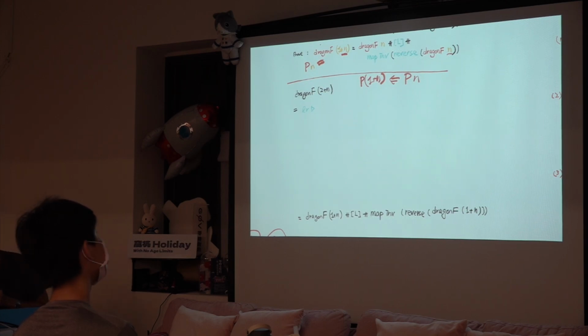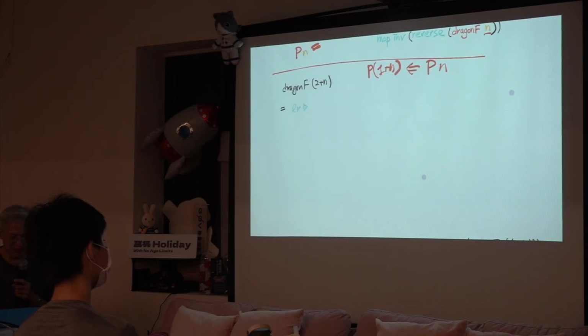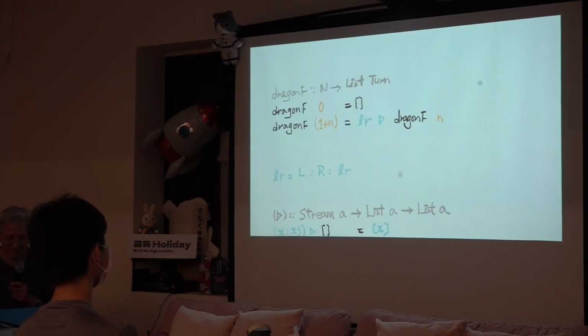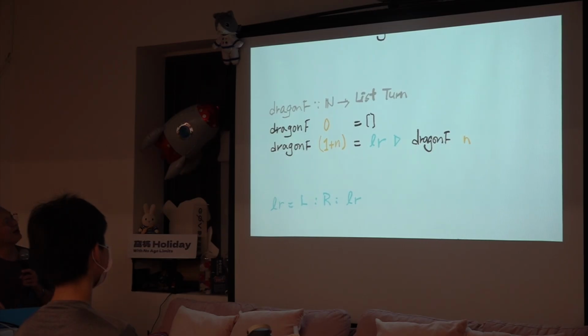What should we do now? I don't know, so let's just unfold the definitions to see whether there's anything clever I can do. According to the definition of dragon f, dragon f of 1 plus n is simply LR interleave of dragon f of n.